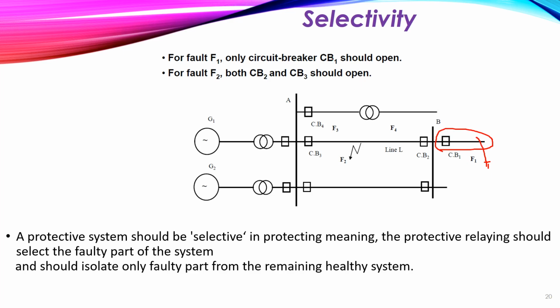So only circuit breaker 1 should open, according to the instruction from relay number 1, which is related to it. Now for fault number 2, at this line, circuit breaker number 3 and circuit breaker number 2 should only trip and isolate only this faulty line, according to the relays related to them.